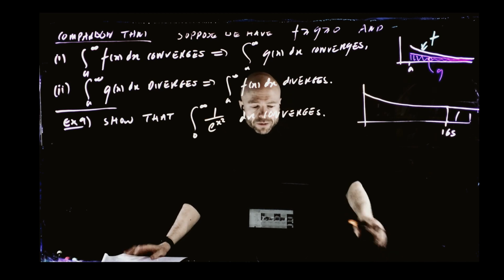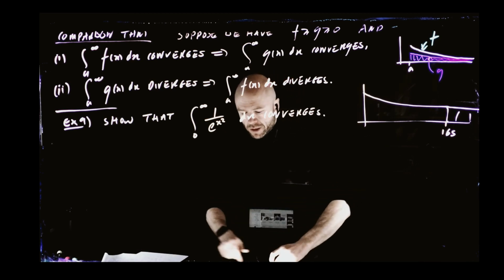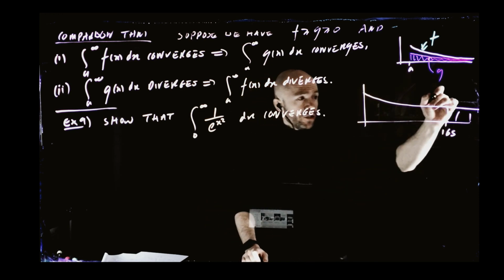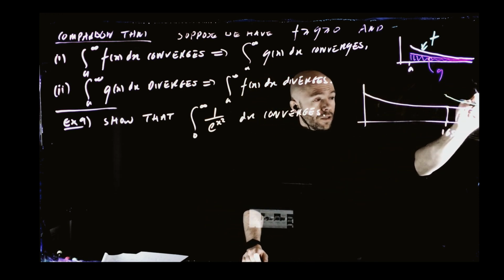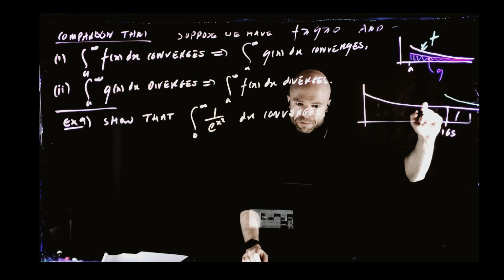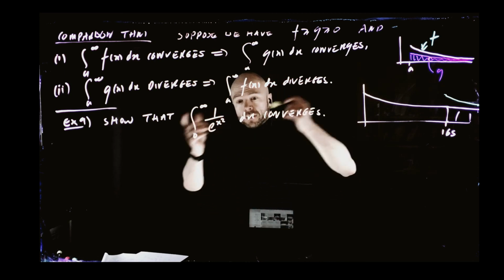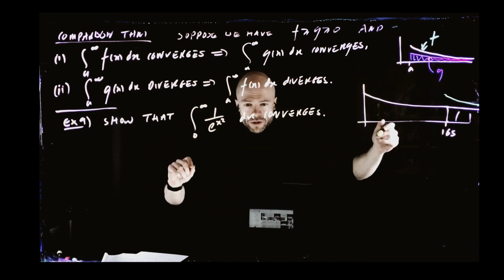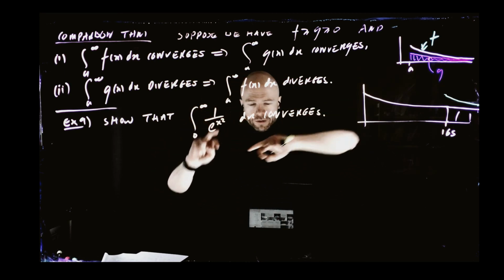So if we know that from some point onwards, this guy lies underneath a function that is converging, then we're all set. All right. So to answer this question, we can just find a function which converges where this guy is underneath it from some point onwards.